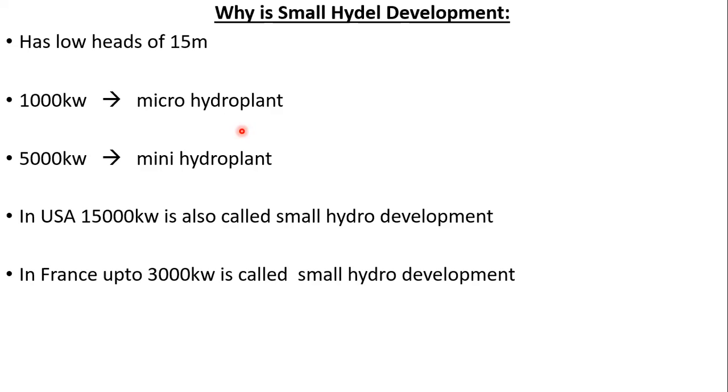So in the USA, a very developed country, 15,000 kilowatts is normally declared a small hydro development. But in France and other countries, up to 3,000 kilowatts is taken as small hydro development. Of course, in our India, the limit is 5,000 kilowatts. We are calling it small.